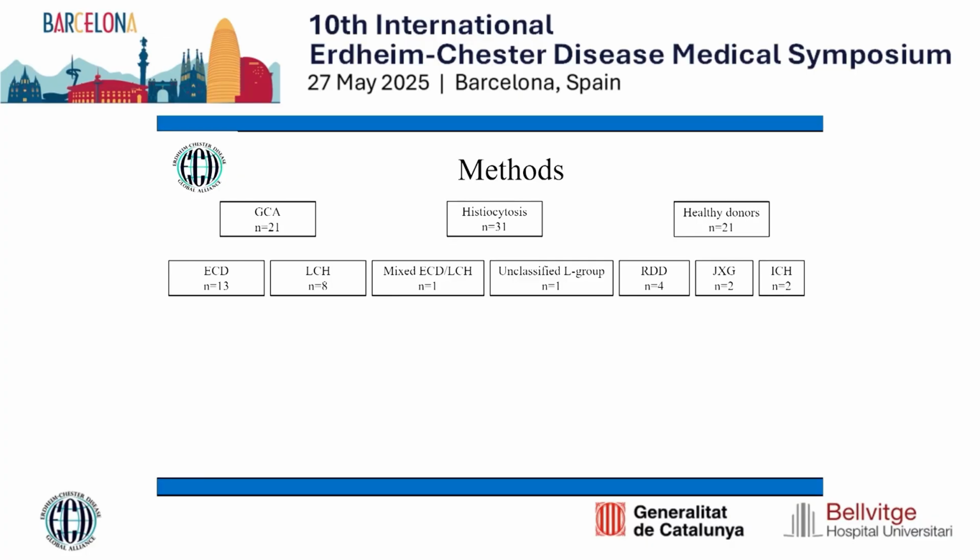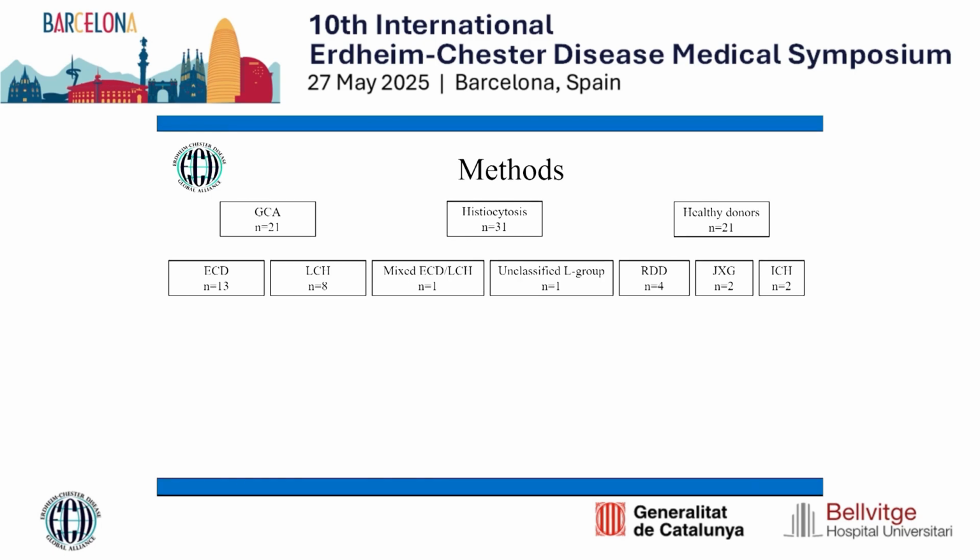We took the blood sample with flow cytometry of patients with histiocytosis disorder, LC donor, and we took control with patients with GCA before the starting of the steroid.